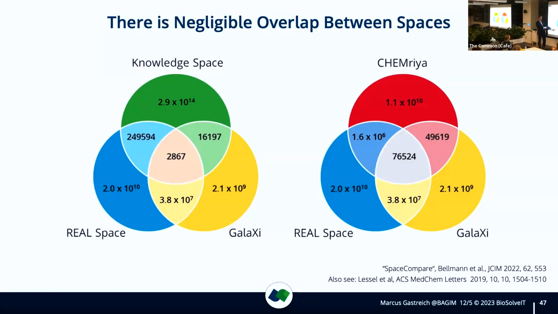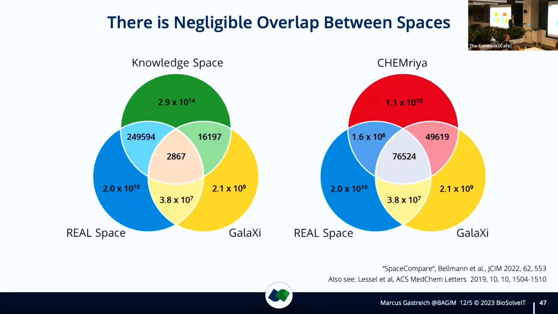If we compare the REAL Space at that time at 20 billion with the Galaxy space, 2 times 10 to the 9th, and the KnowledgeSpace, which is a space that we build ourselves using public building blocks and public reactions that pumps up the numbers quite significantly, not even 3,000 molecules are shared by all 3 spaces at the same time. That is very, very little, isn't it?